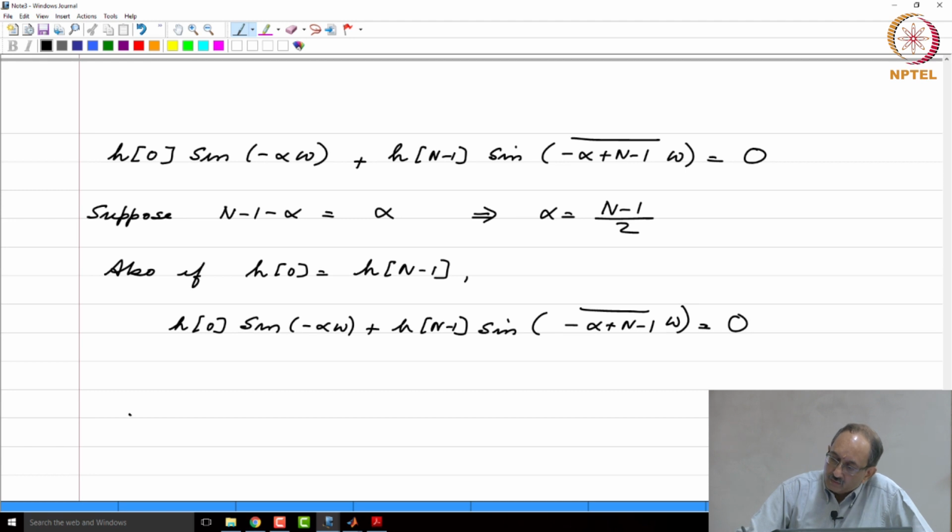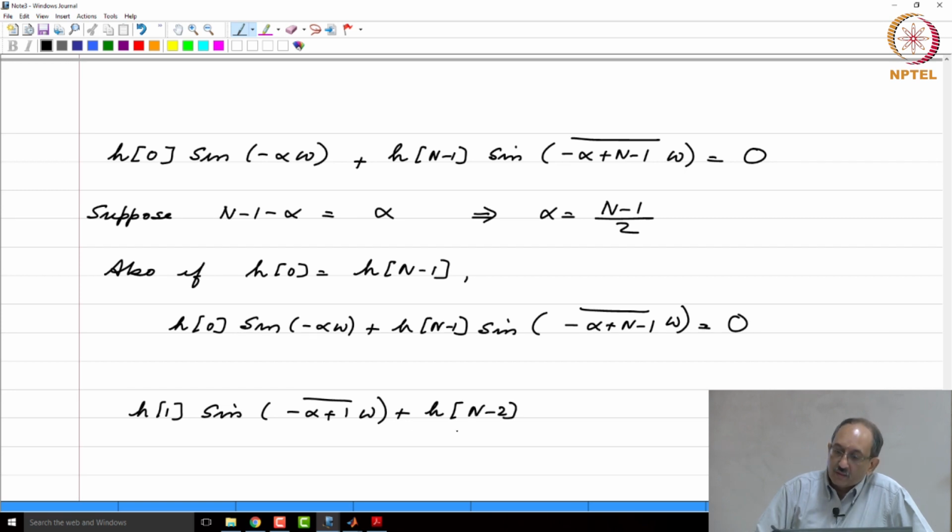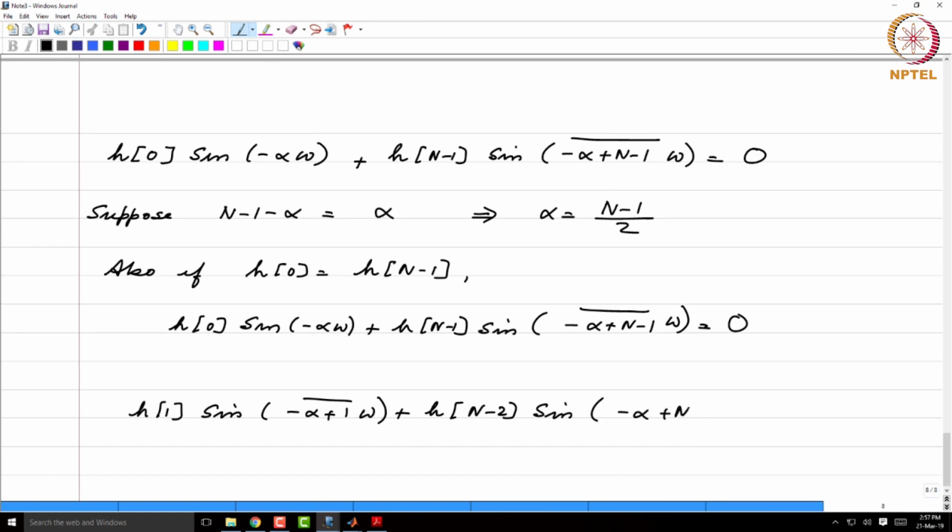Therefore, you need h of 1 sine minus alpha plus 1 omega plus h of N minus 2 sine minus alpha plus N minus 2 omega must be equal to 0.